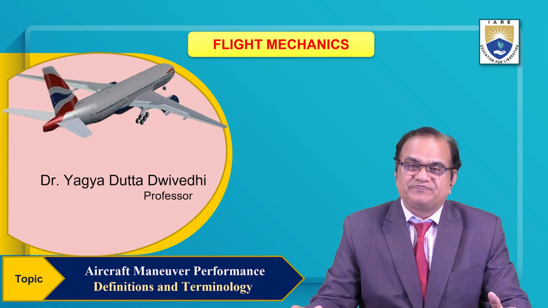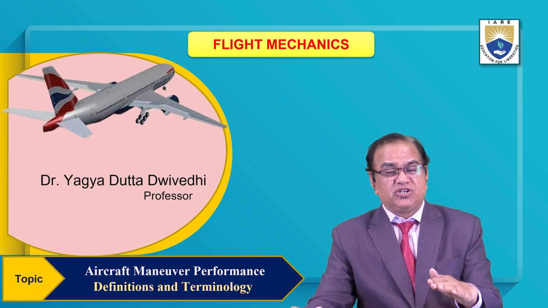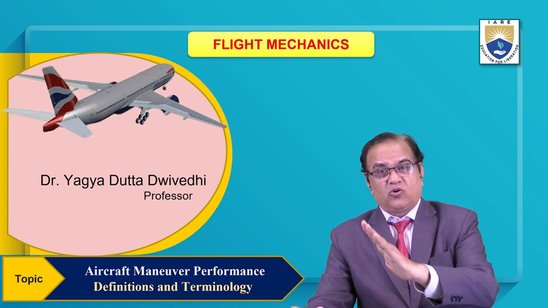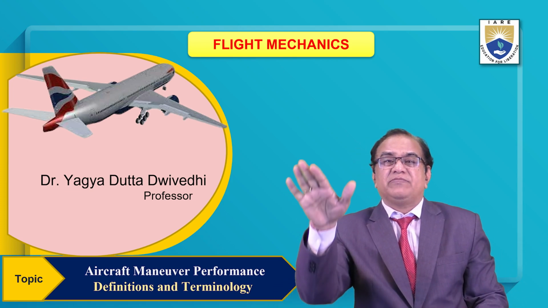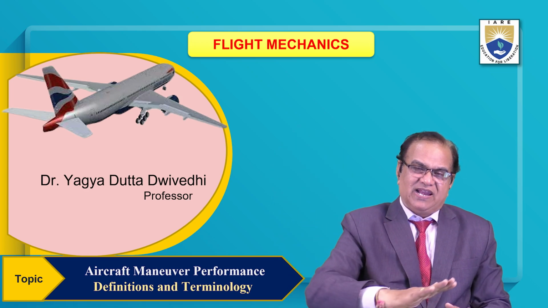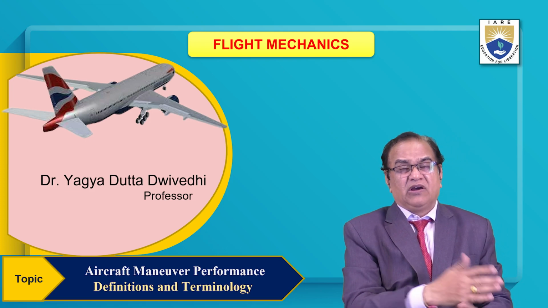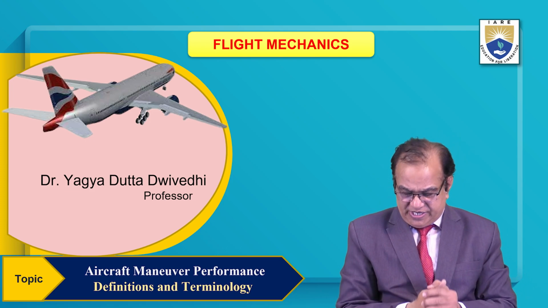In that, we saw how much ground distance is required, how much ground roll is required, then transition, then climb. For landing, approach, then flare, then ground speed, ground distance. All these things we have done.